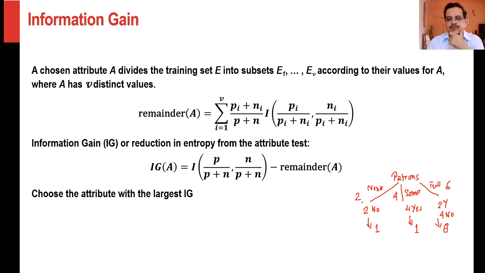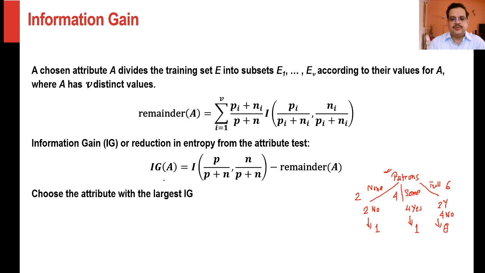So therefore we also need to weight these entropies with the corresponding numbers so that we get a proper value of the entropy of the system after we have chosen patterns as the root node.